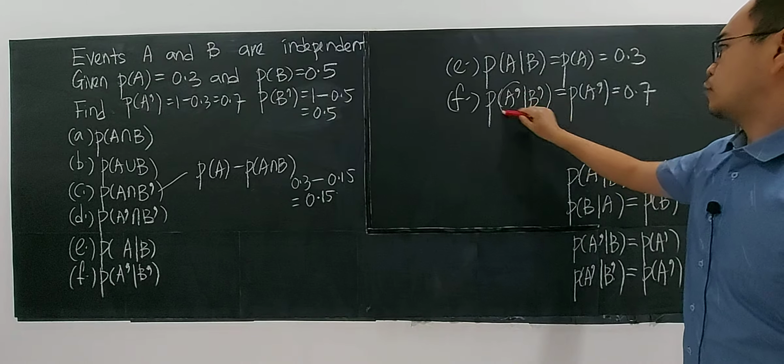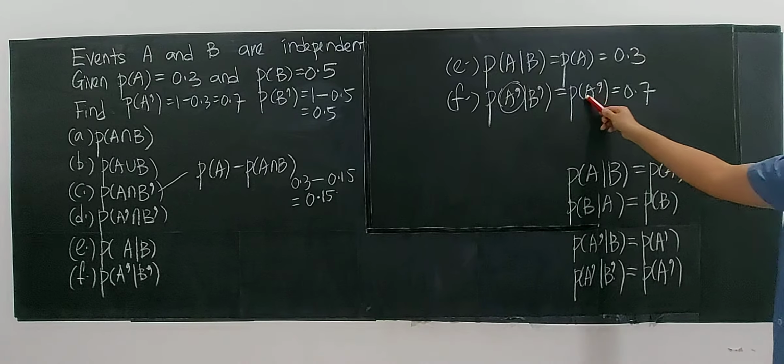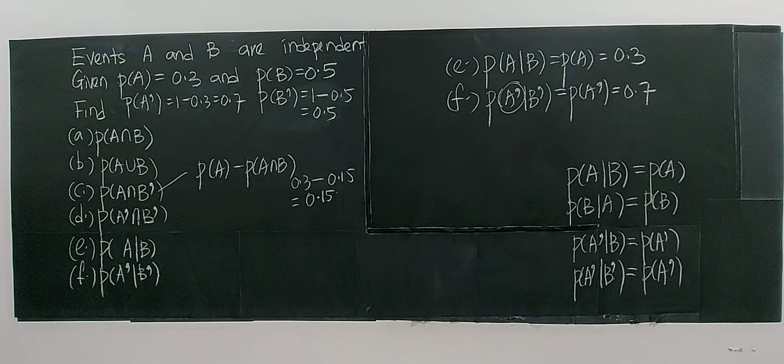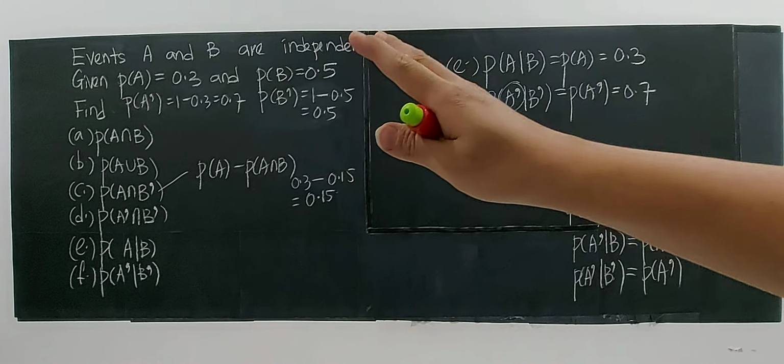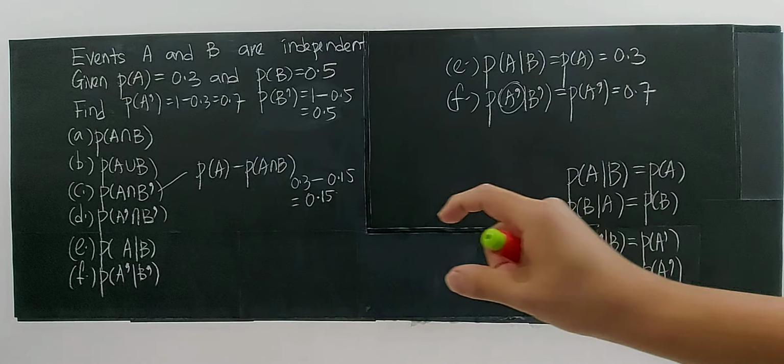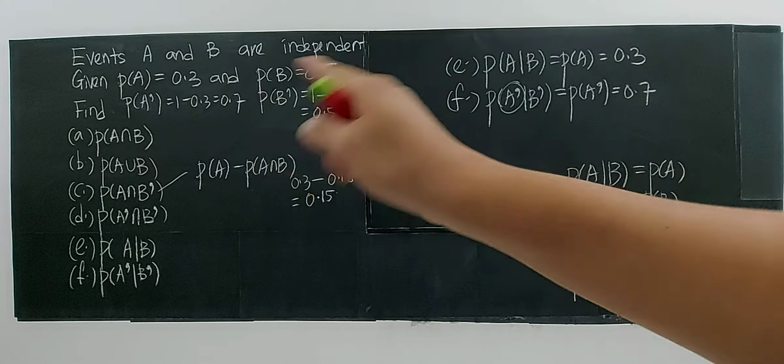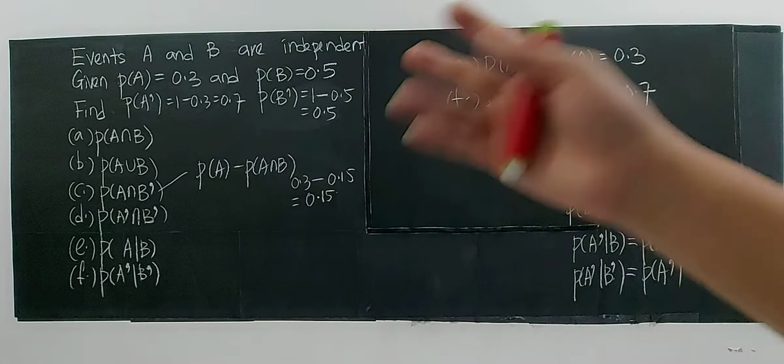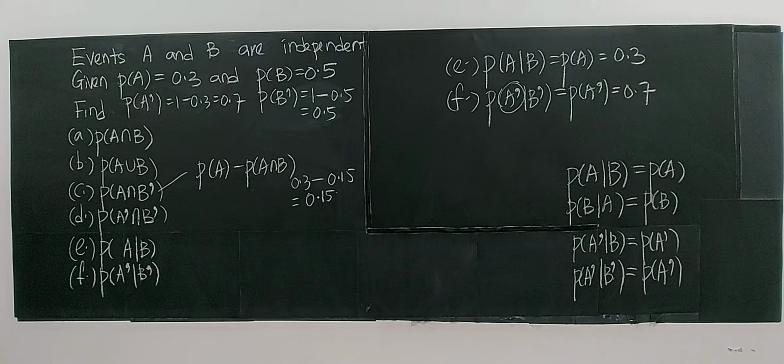So this question just wants to mention that if events A and B are independent, the way of doing this might be different. Alright? Okay, hope you understand.